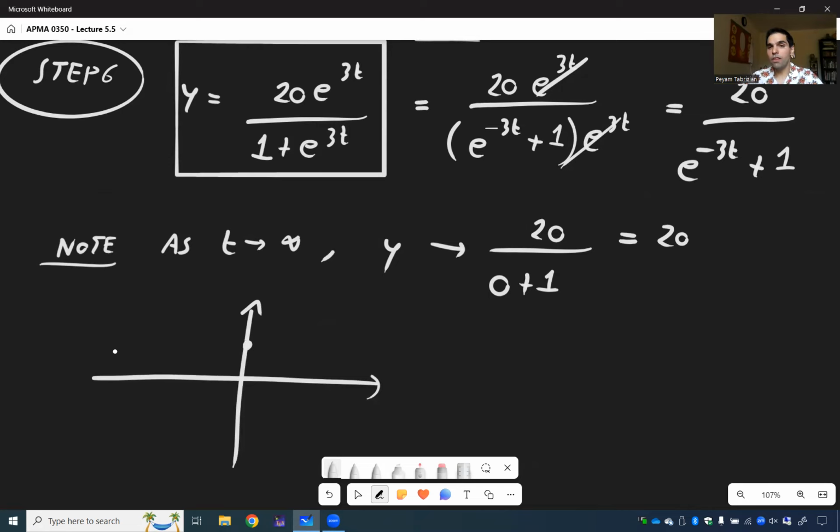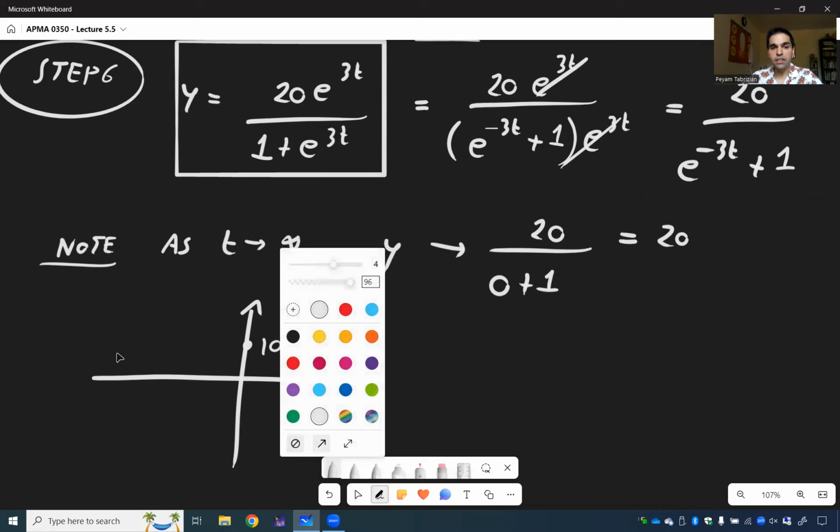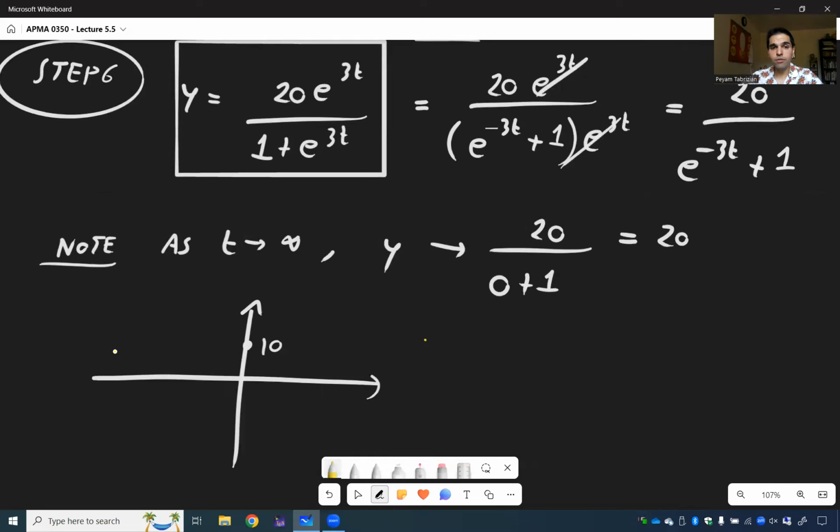Well, we had this population of bacteria that starts at 10, but because of limiting resources, it will actually stop at 20. So if you actually plot the solution now, we get that, well, it goes from 0 to 10 and then to 20. Which is really cool because before we did a qualitative study of that, but now we actually have an explicit solution. And why is that? Because of the magic of separation of variables.